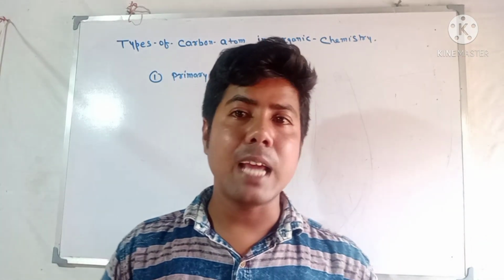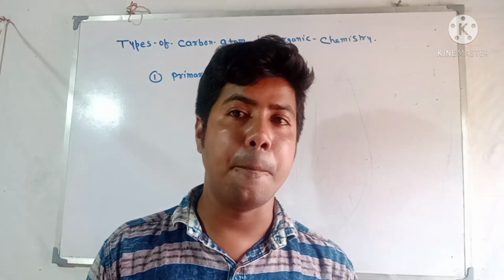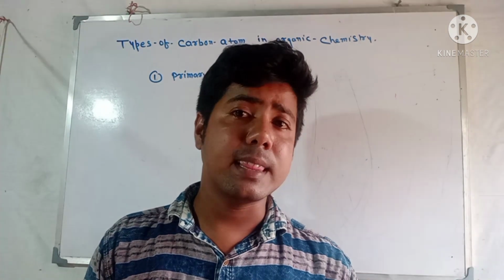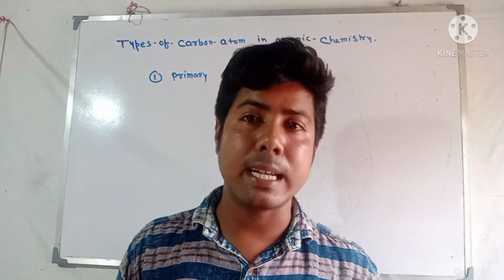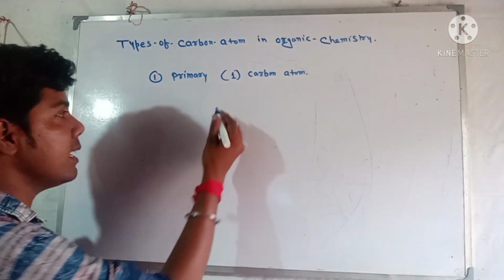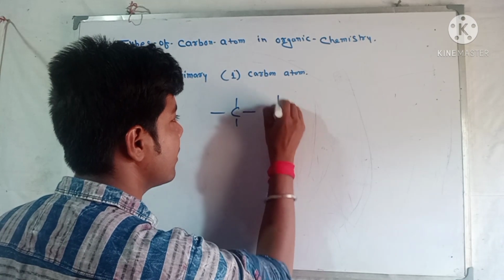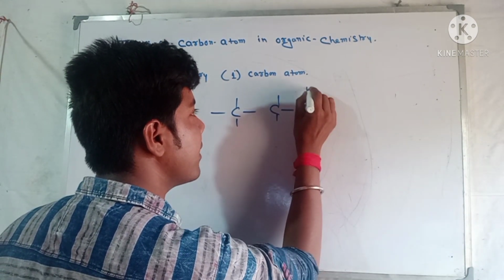A 1 degree carbon atom means a carbon which is attached with one carbon atom and its 3 valencies are complete with 3 hydrogen atoms. This is called primary carbon atom. Here is the example of primary carbon atom. This is the structure of propane.